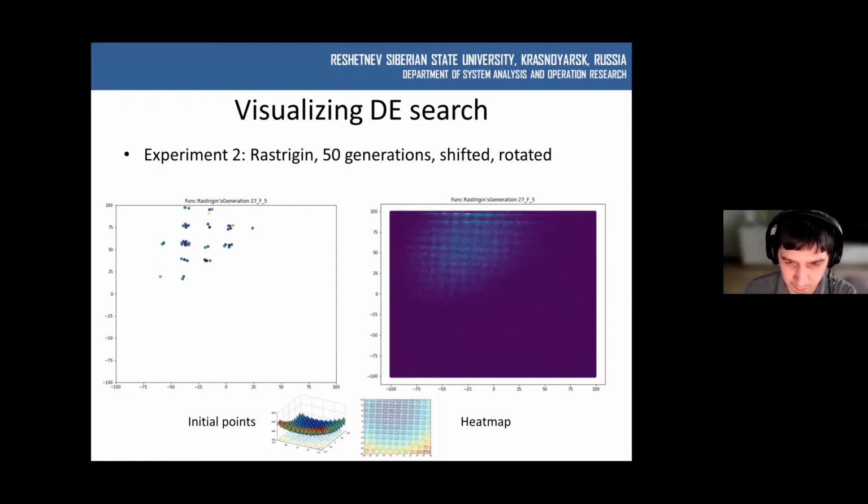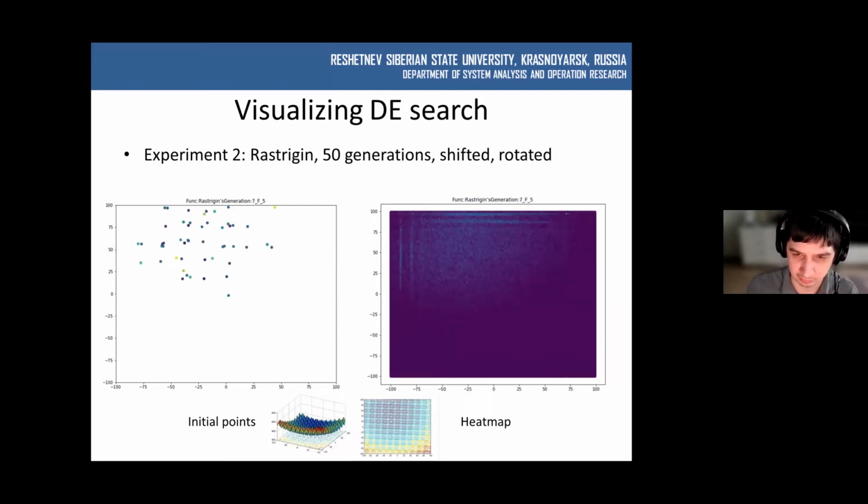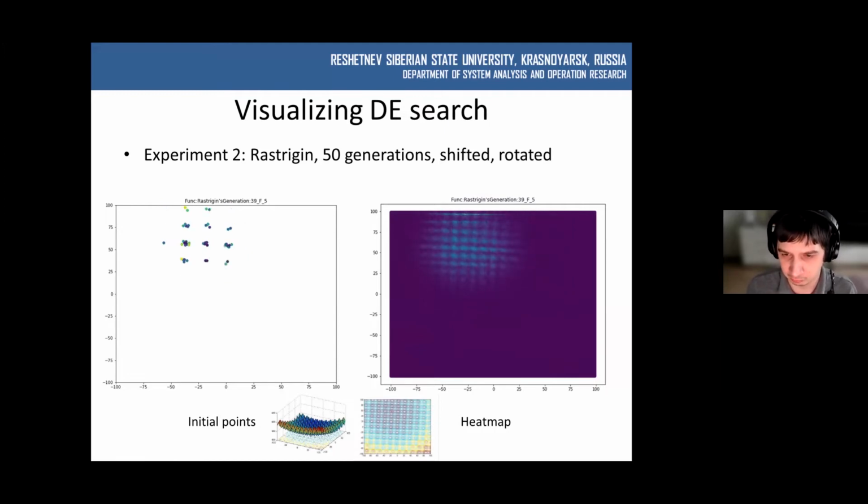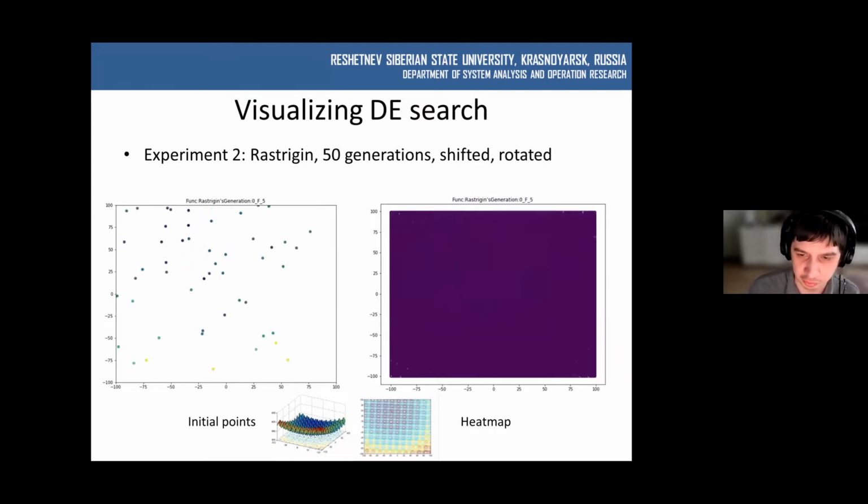This is a very important finding, because it appears that differential evolution uses the geometry of the goal function, its regular structure, and it only searches in the local optima, which is quite an important feature.